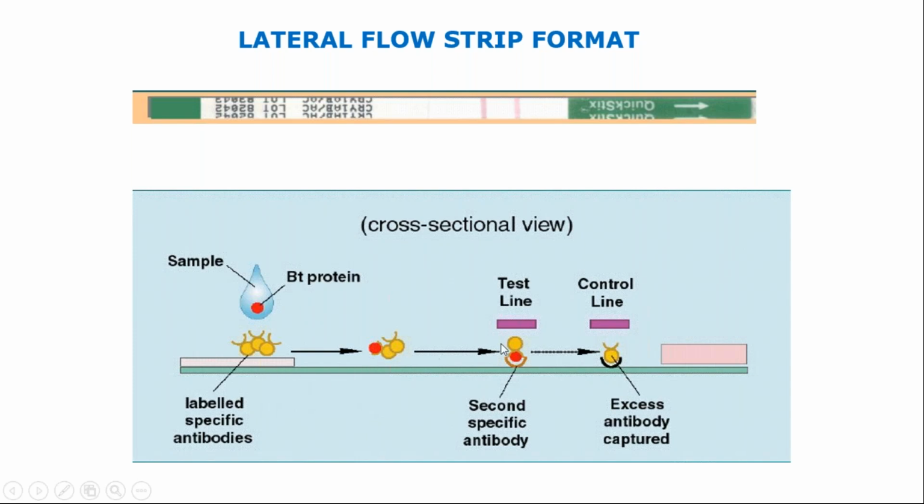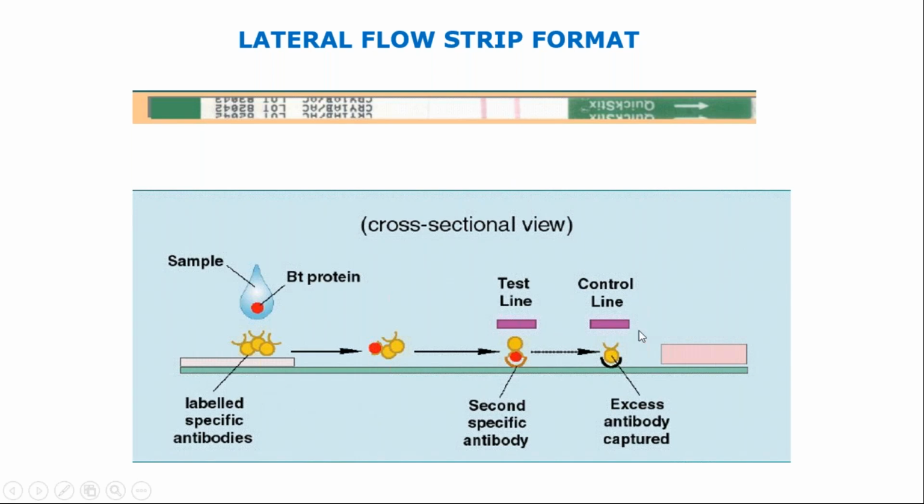They will now move into a second region, where there is a second specific antibody which again recognizes the Bt protein, and this is bound to an enzyme for a reaction, and if GMO is present, a reaction will occur and you will see a line here. The unbound antibodies which are there will move down the line and bind where they are captured, and you will get a control line.